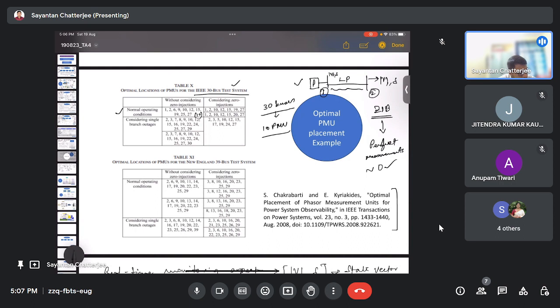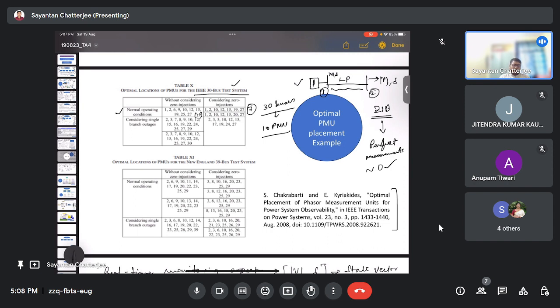Using the zero injection as equality constraints, the number of PMUs required is less, because these measurements are considered perfect measurements. So the number of PMUs required is 7 in this case.